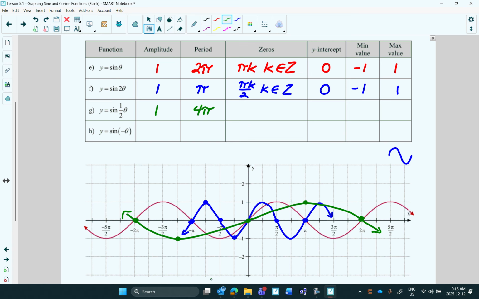And there's zeros happening every 2 pi. So 2 pi k, k in Z. These don't change. So a vertical stretch changes the amplitude. It also changes these. But a horizontal stretch changes the period and the zeros.